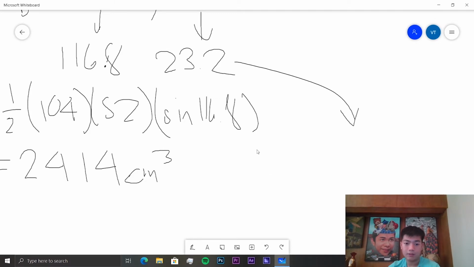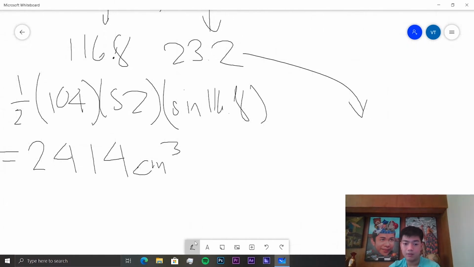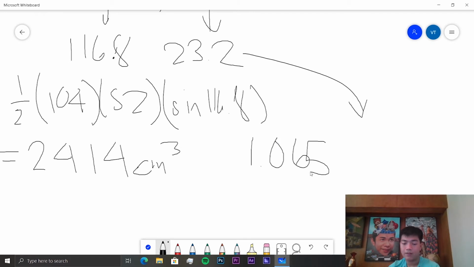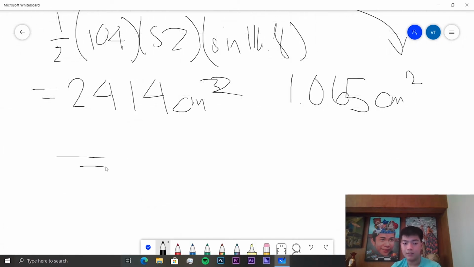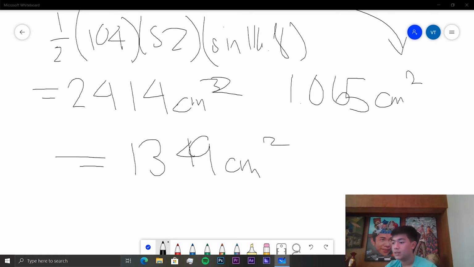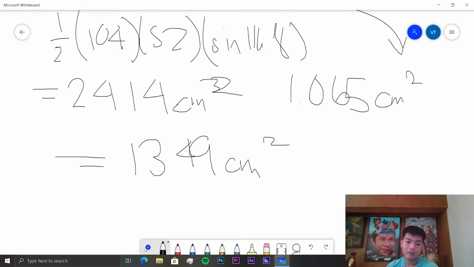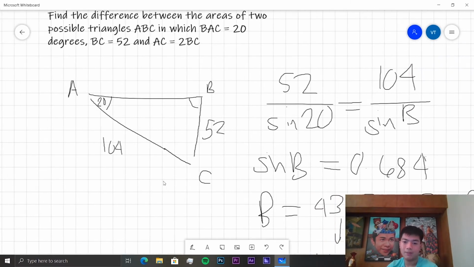And so for this other one, we get 1,065 centimeters squared. Sorry, it should be squared. So if we subtract these two values, it would be 2414 minus this. So we should get a value of around 1,349 centimeters squared, which is the difference between these triangles. So yeah, the book gives a slightly different answer, but it's not that off, so I would assume it's some kind of trigonometry rounding error.